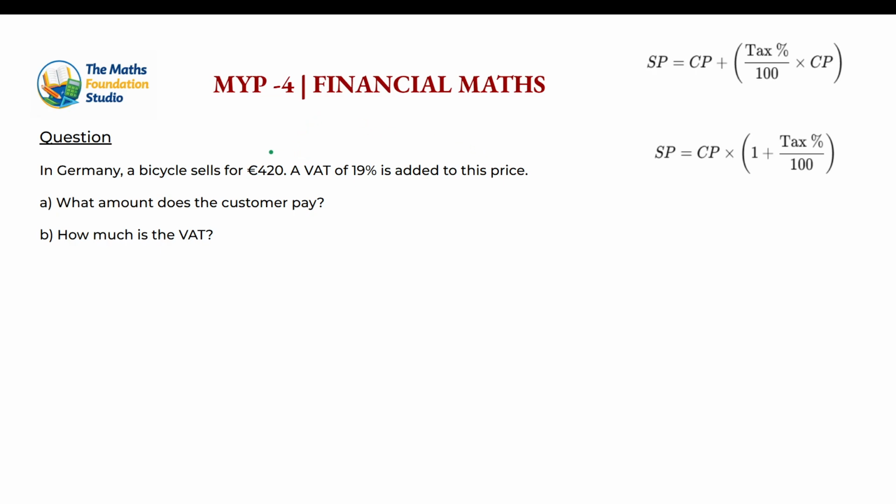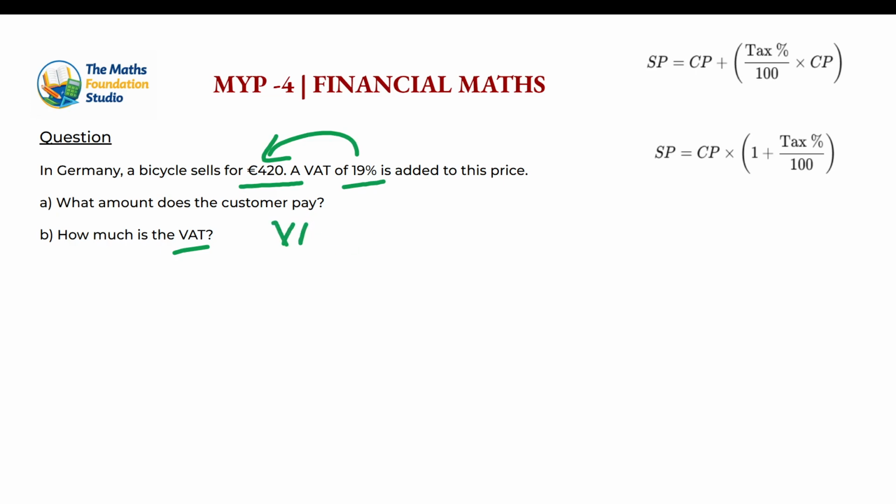In Germany, a bicycle sells for 420 euros and a VAT of 19% is added on it. What amount does the customer pay and how much is the VAT? Again here, we need to find what is the VAT amount and what is the selling price of this bicycle.